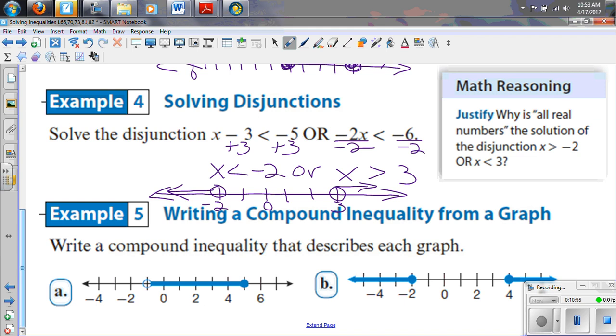All right, math reasoning question. It says, justify why all real numbers is the solution of the disjunction x is greater than -2, or x is less than 3. So let's take a look at what that graph looks like. And so here's our 0, here's our -2, here's our 3.